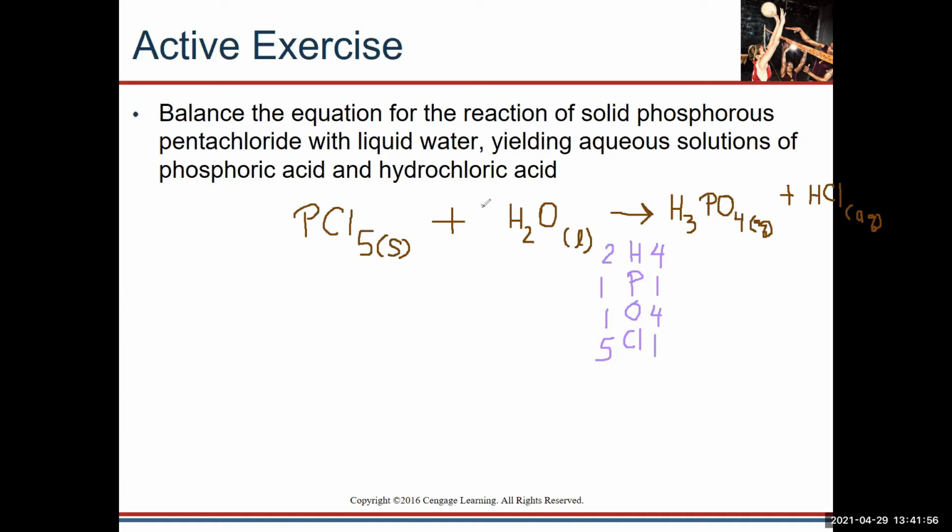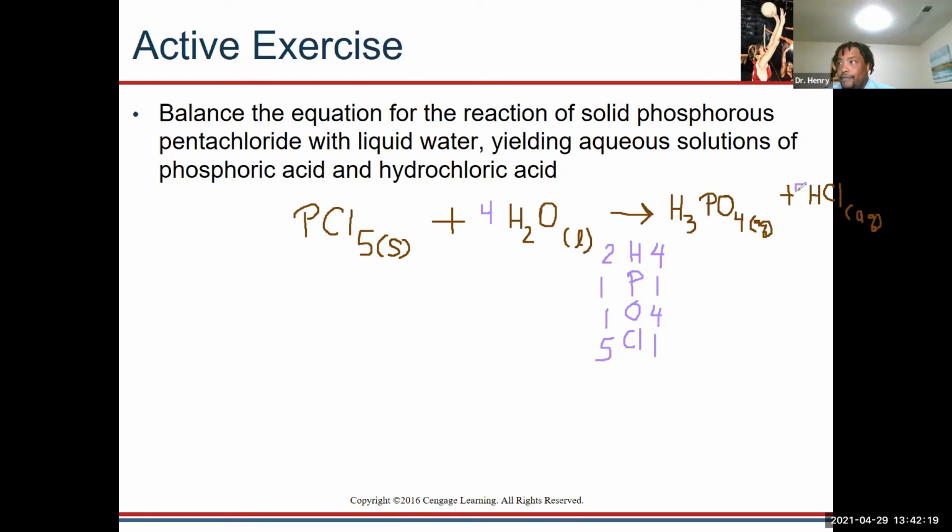It's gonna have to be 4 eventually to match the oxygen. Because the chlorine and the hydrogen on the other side, we need 5 more chlorine. So you've got to put a 5 in front of the HCl on the right side.